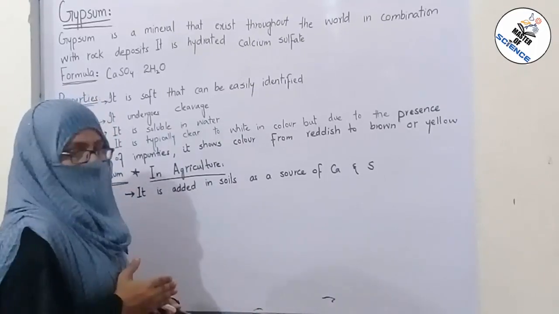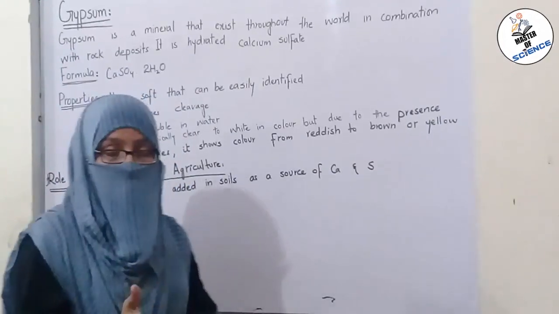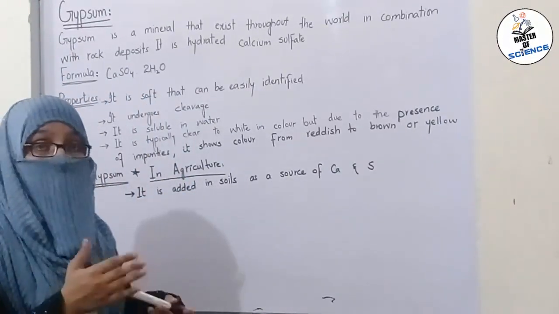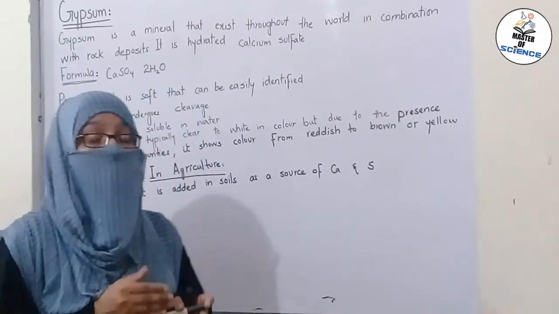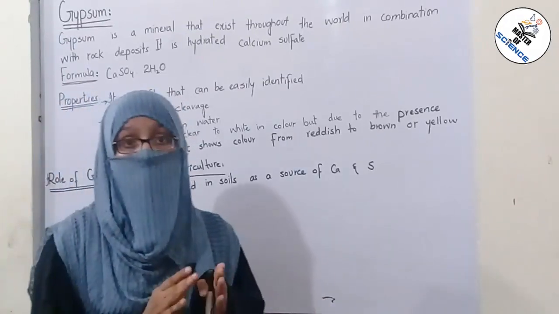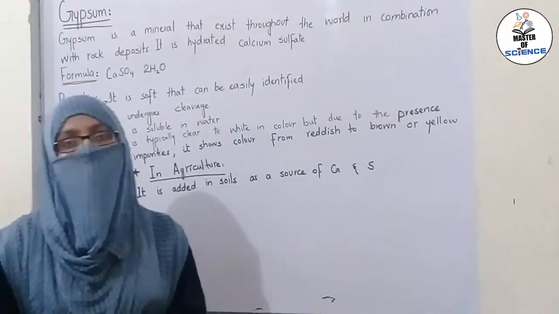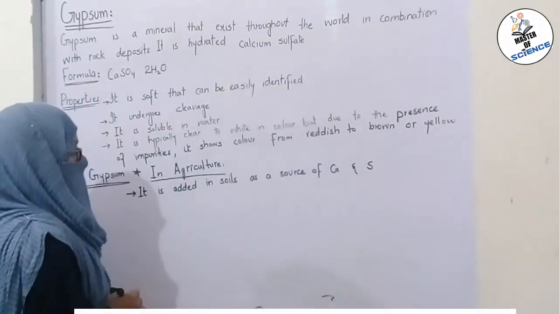And it has been observed that those plants which are subjected to the addition of this gypsum fertilizer show better growth, they show an extensive root system, they have better chlorophyll development, which is necessary for the process of photosynthesis that occurs in plants.